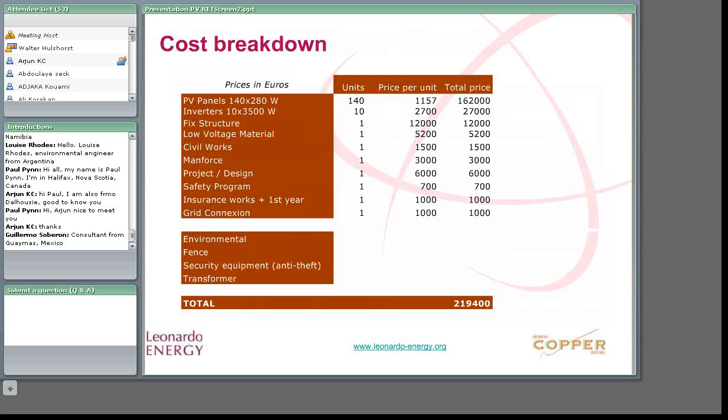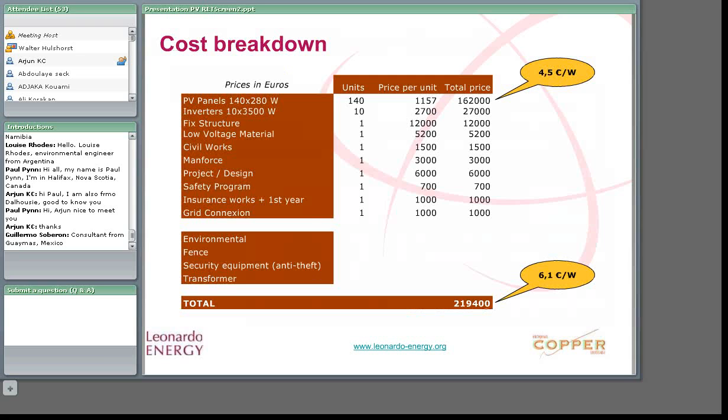Here we have some figures about the cost. This is the cost breakdown declared by the project developer. We can see how at that time in Spain the prices were quite inflated: 4.5 euros per watt for PV panels. Today we would be around 3 or even lower than this.